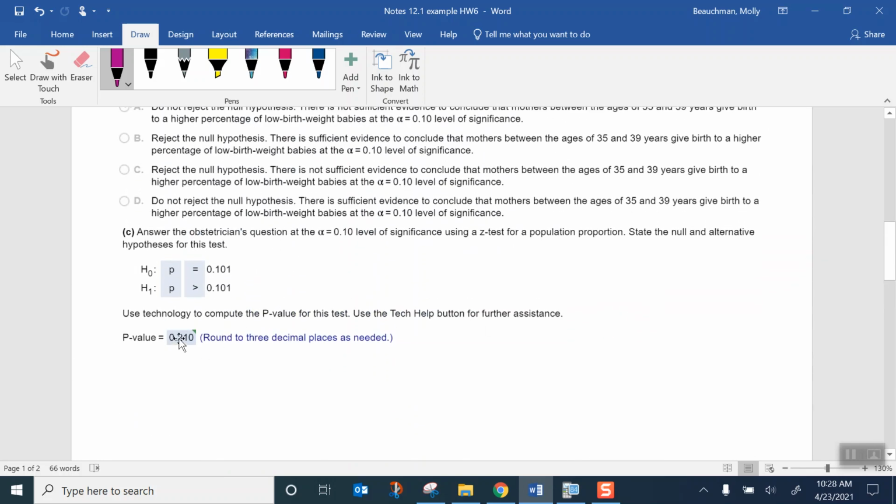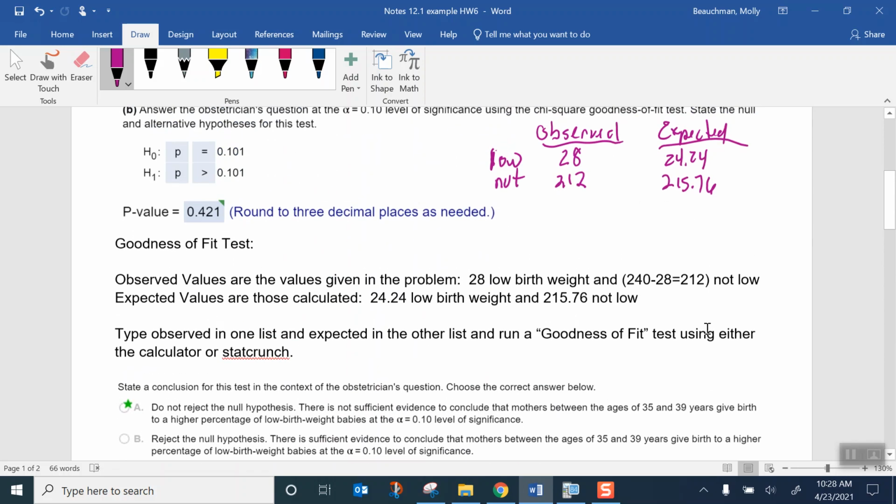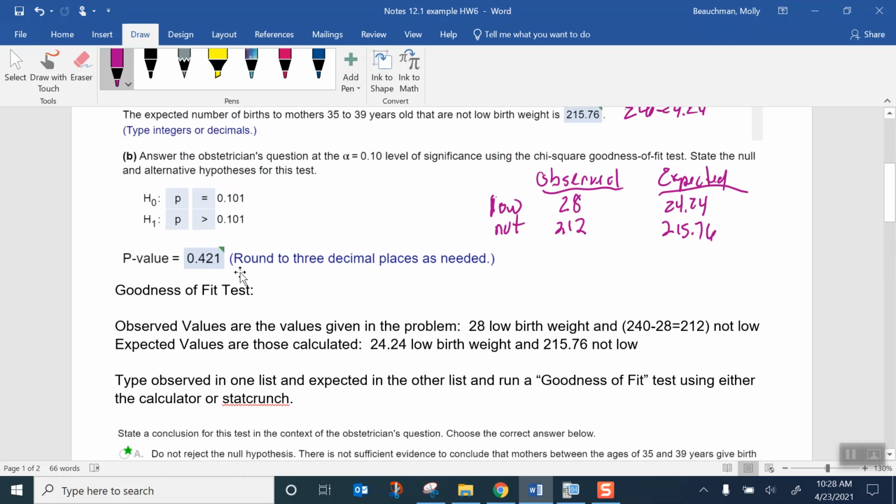The reason why the p-values are different is that when you run a 1-proportion z-test, we're running a one-tailed test, greater than. So on the z-score, your test statistic is here, and your p-value is 0.21 because it's a one-tailed test. But when you're doing a chi-squared test, you're looking at the difference between the two. It's generally not a greater than or less than.